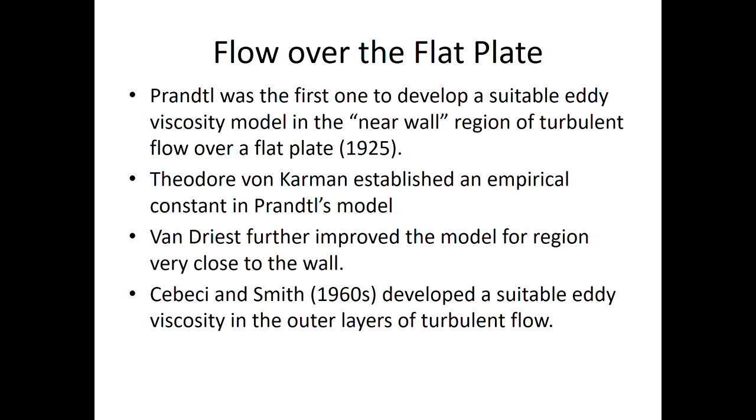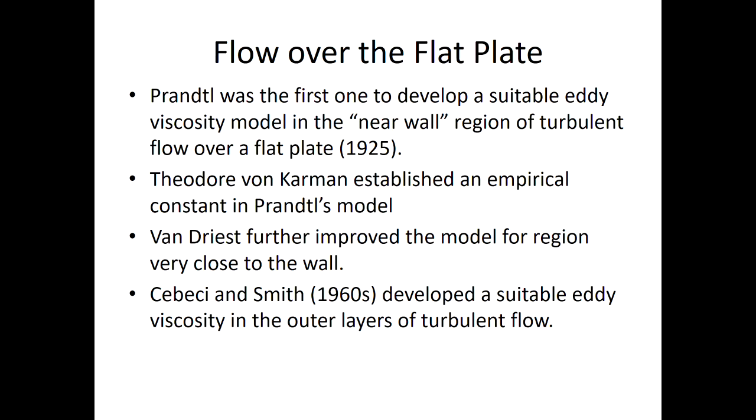Later on, Van Driest at Caltech, Prandtl and von Karman's student at Caltech, further improved the model near the wall. Then around 1960, two engineers at Douglas Aircraft Company in Long Beach, currently called Boeing aircraft in Long Beach, before that McDonnell Douglas aircraft, developed a more general turbulence model for turbulent flow over airfoils, over a flat plate, and so forth.